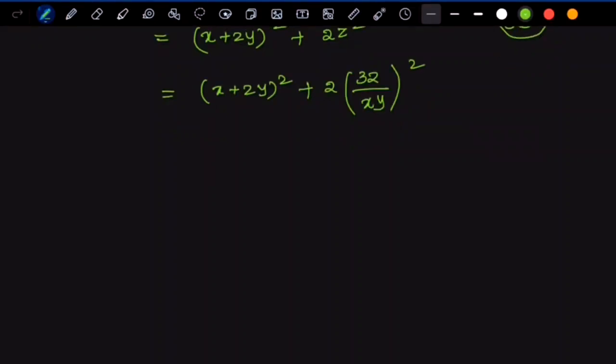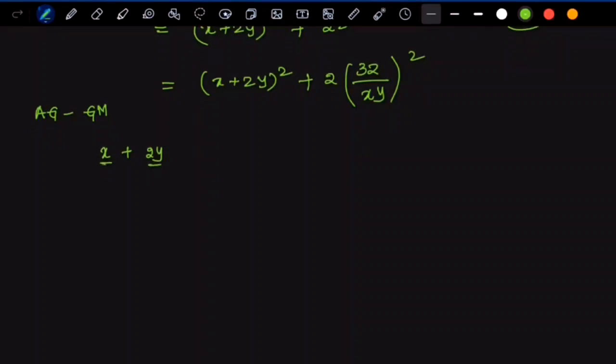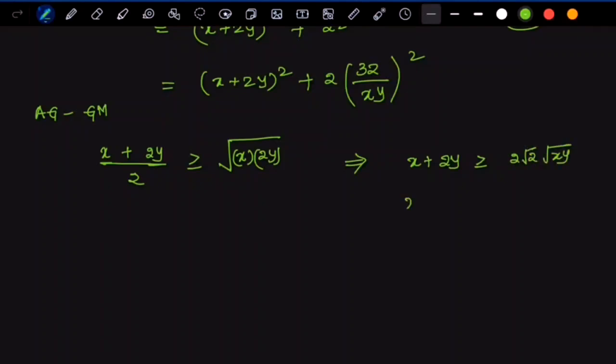One thing that comes to my mind is we can apply AM-GM, the concept of arithmetic mean and geometric mean. We know that arithmetic mean is greater than or equal to geometric mean. So x plus 2y upon 2 is greater than or equals to square root of x multiplied by 2y. So this gives x plus 2y greater than or equals to 2 root 2 times root xy.